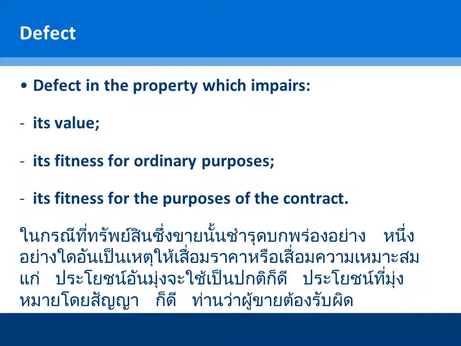Then the last point is when the defect impairs the property and in particular the fitness for the specific purpose of the contract. Suppose I buy a dog because I am blind and this dog must guide me. You guarantee that this dog is for blind people, but actually it is not. Well, in this case, I can sue you because the dog you sold me has a defect.